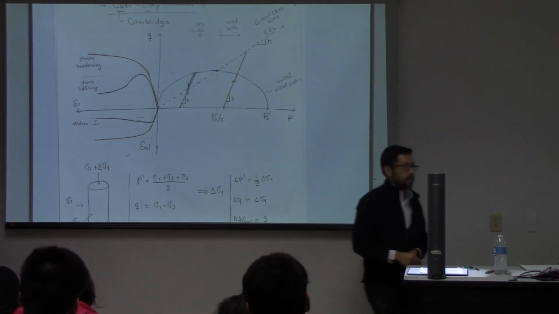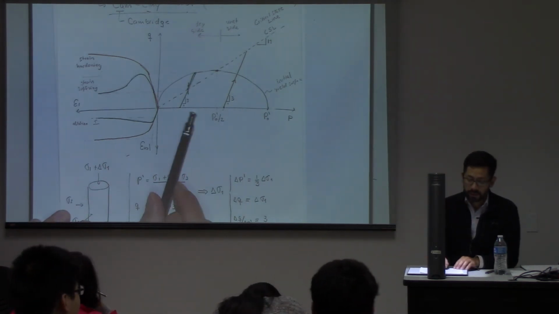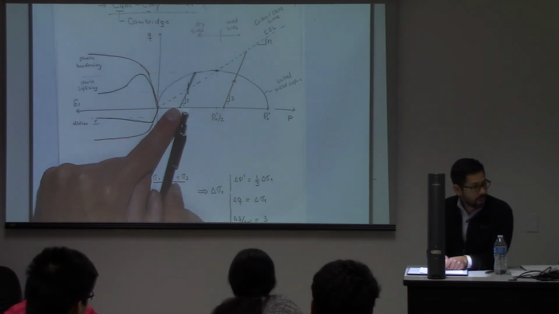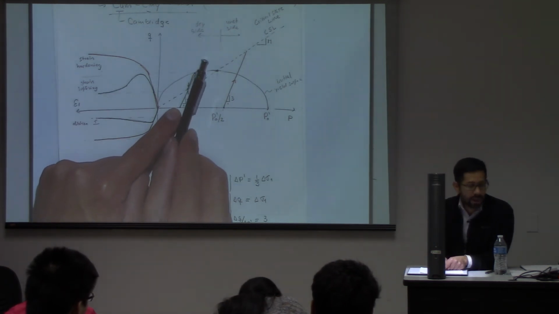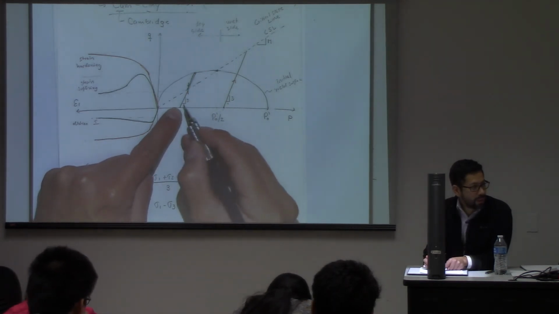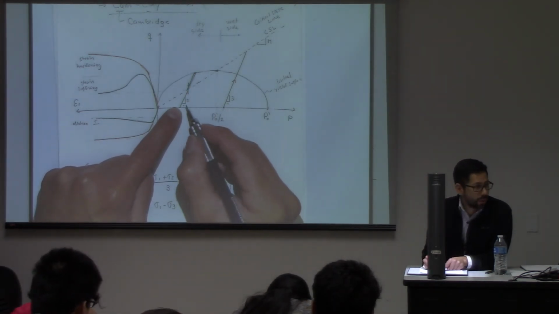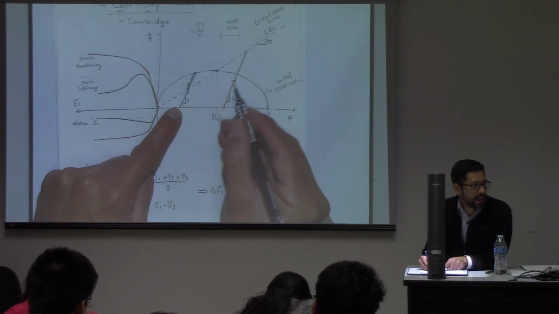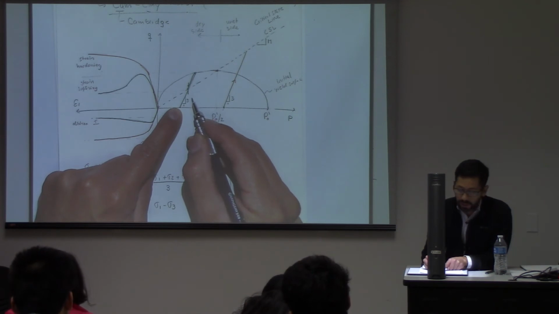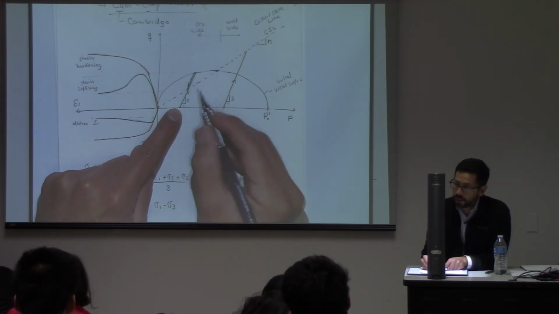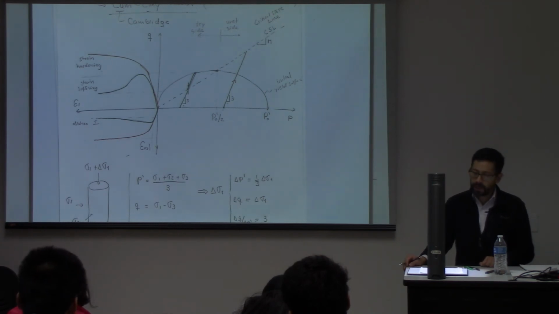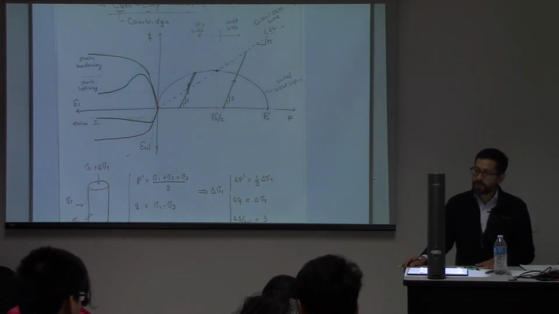It depends, the same material, starting at the same conditions, on how it's going to deform if you go into a triaxial stress path, or as we're going to see in a bit, if it goes to a uniaxial or volumetric stress path, that is going to be like that. It's going to go in this direction. So depending on which direction you go, you can have a different stress-strain response.